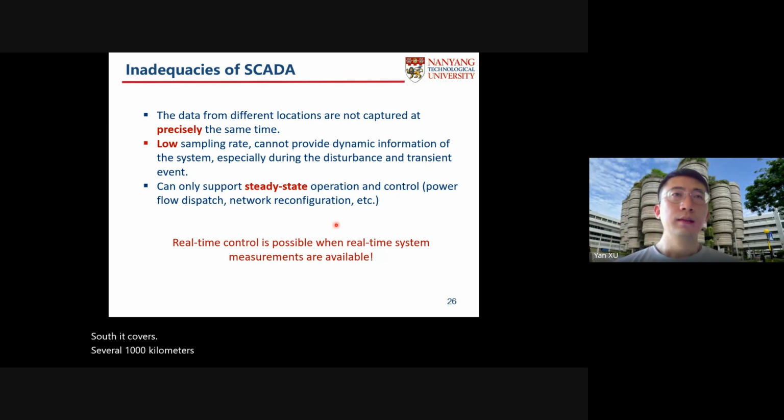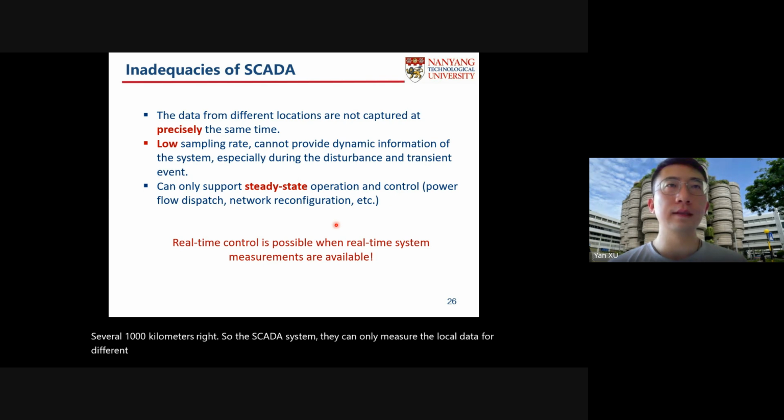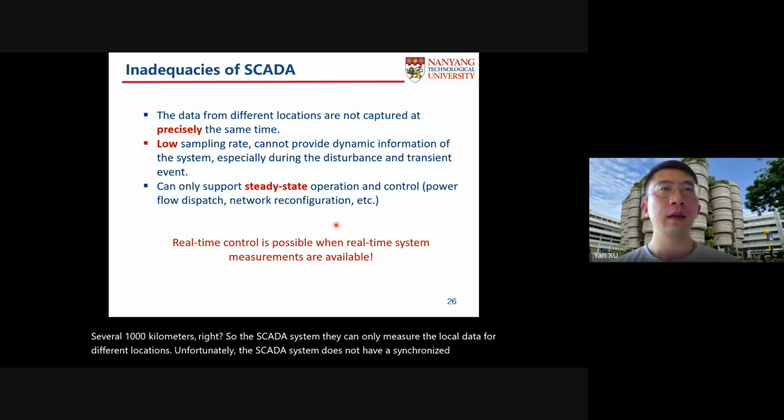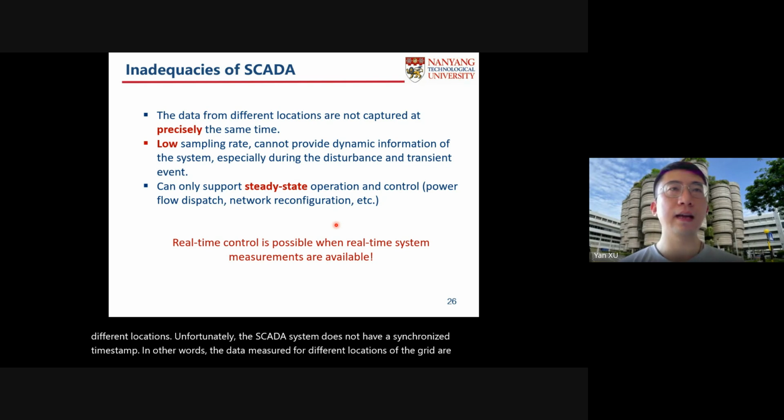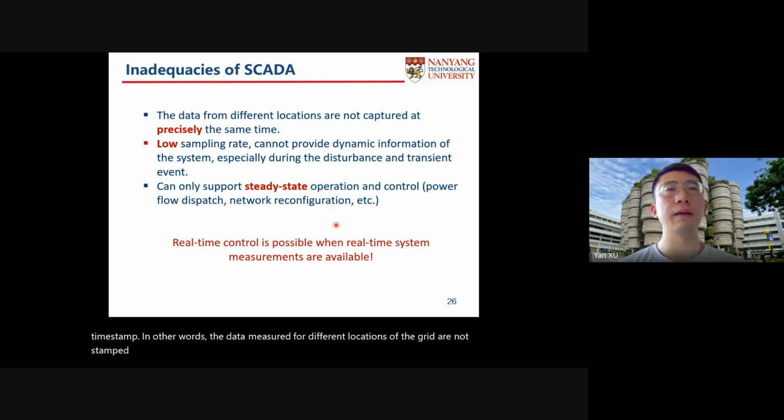The SCADA system can only measure the local data. For different locations, unfortunately, the SCADA system does not have a synchronized timestamp. In other words, the data measured for different locations of the grid are not stamped precisely at the same time.